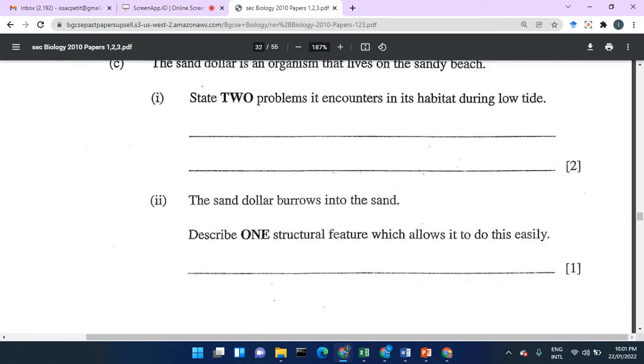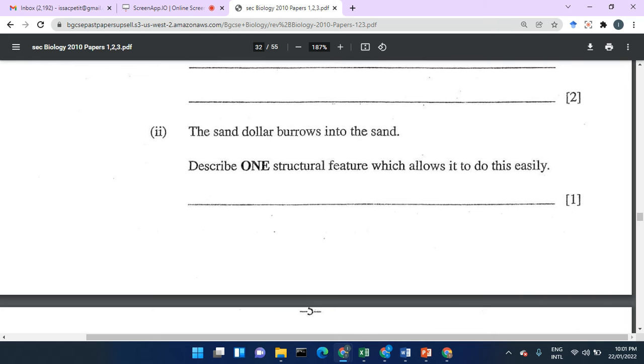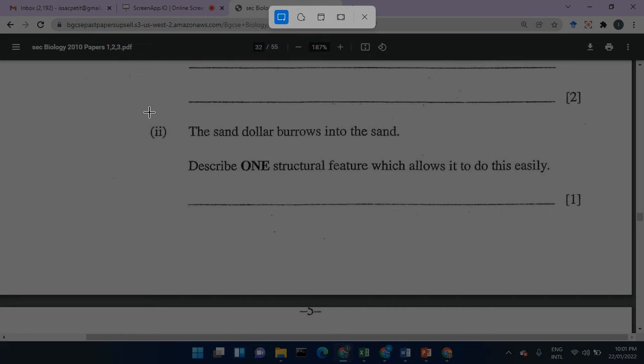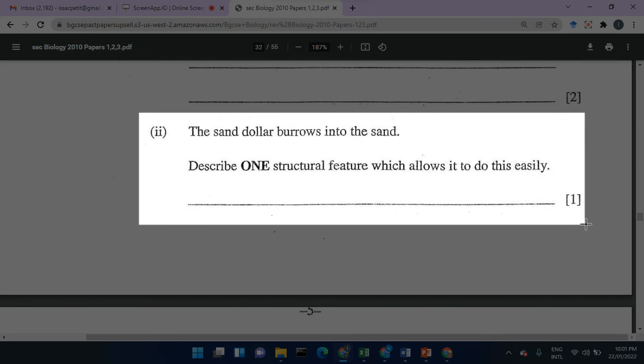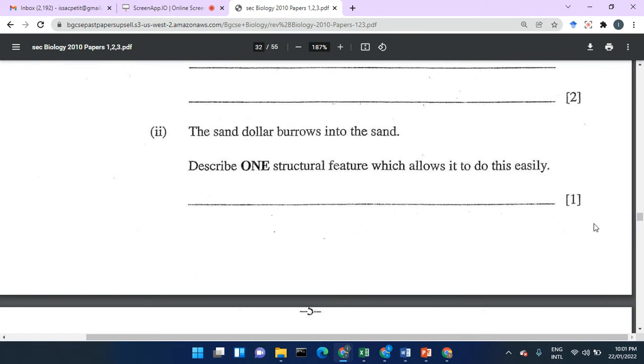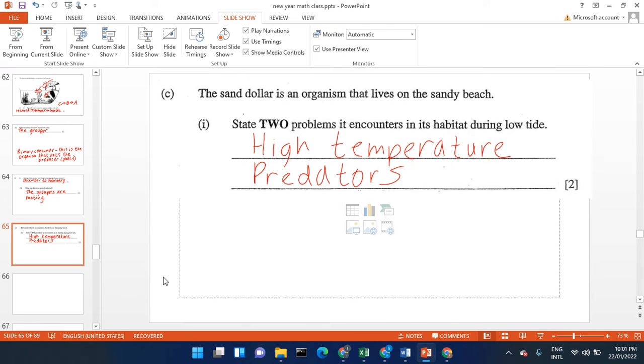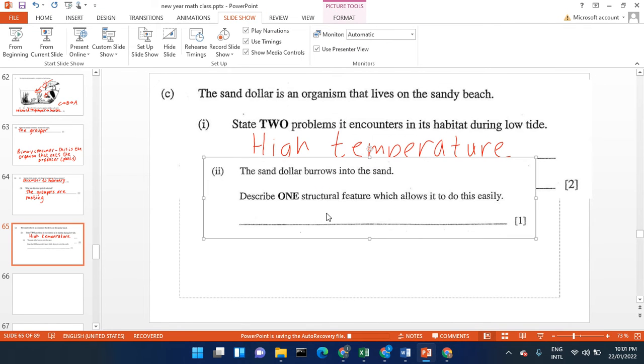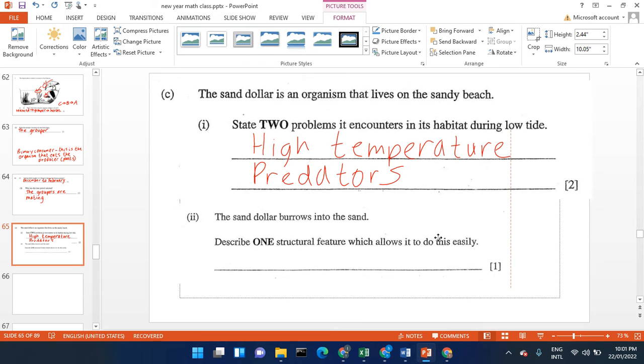It says here the sand dollar burrows into the sand. Describe one structural feature which allows it to do this easily.